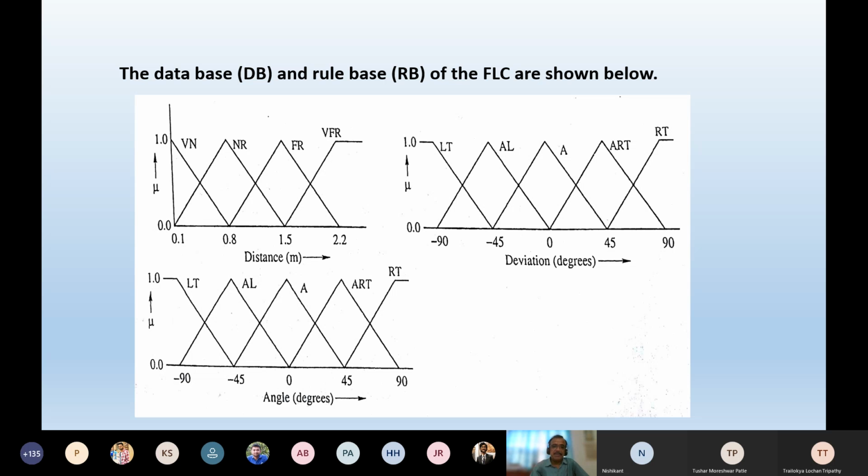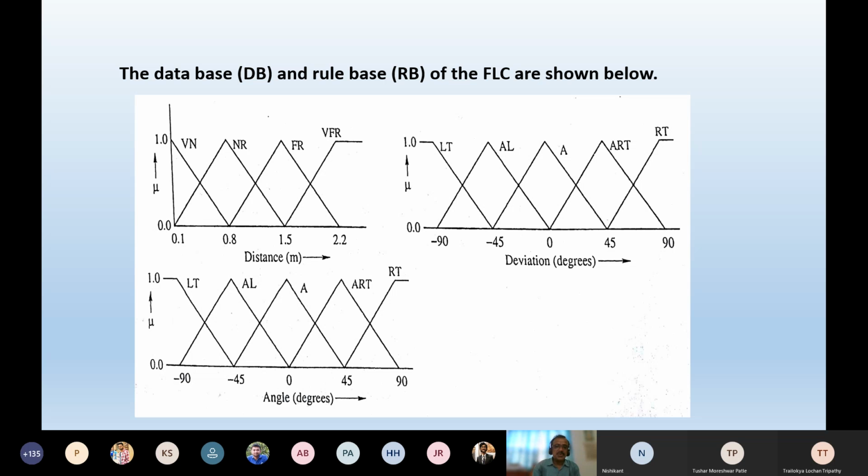I hope I am very clear regarding the database of the two inputs and one output. The distance and angle are the inputs, and the output is the deviation. So this is the way we define the membership function distribution for the two inputs and one output, that is nothing but the database.